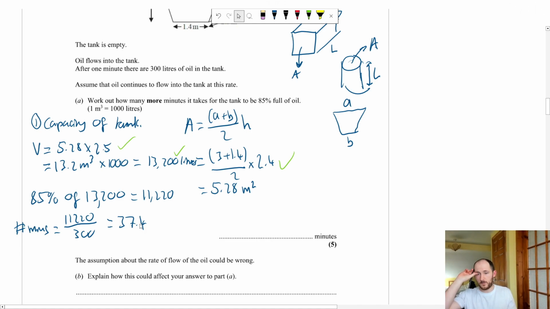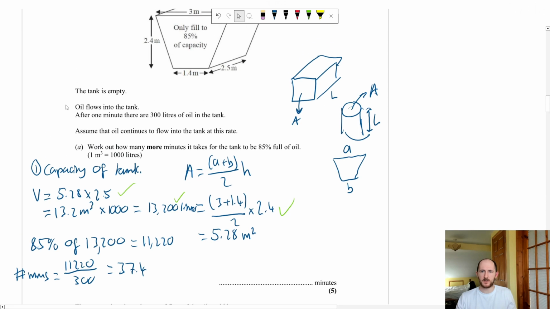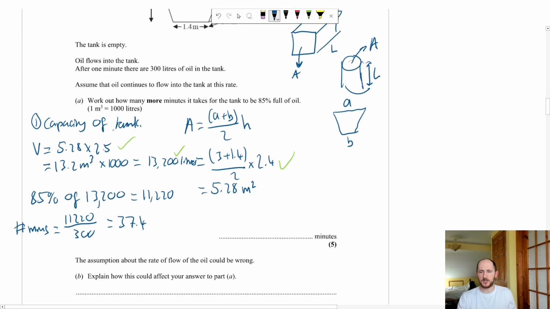Now, it's 0.4. Well, we need to round this up, right? But it says how many more minutes. So, the how many more minutes is interesting because don't forget, it says after 1 minute there's already 300 litres. So we actually need to take away 1 minute, which gives us the answer of 36.4 minutes.